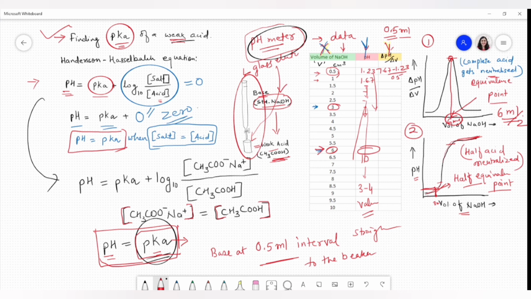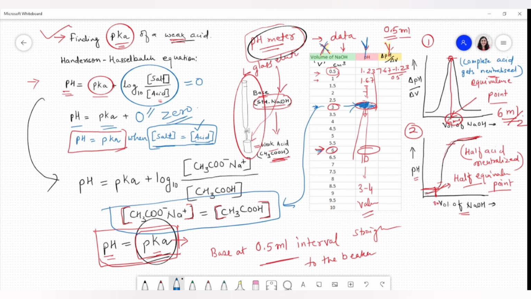Now let's look at this. The value which is corresponding to 3 ml, that means the half equivalence. Half equivalence point is where the salt concentration and acid concentration are equal to each other. So at the half equivalence point, the concentration of salt and concentration of acid become equal. What we can write?